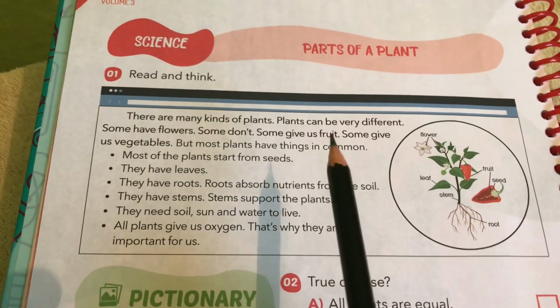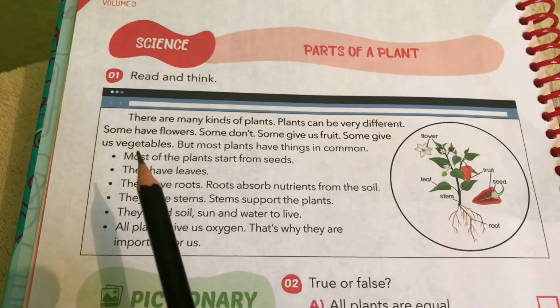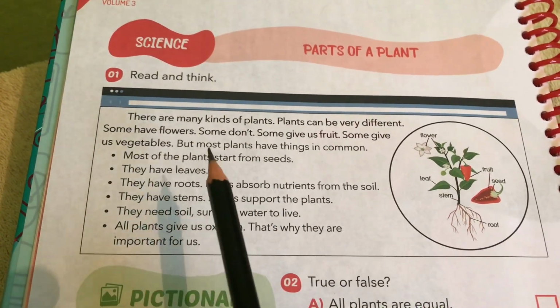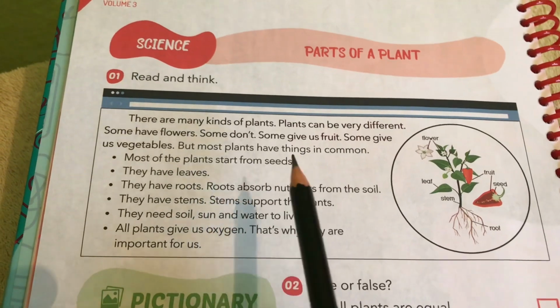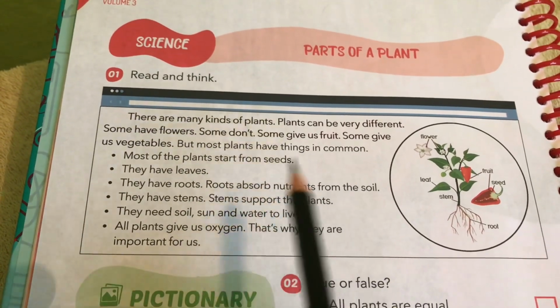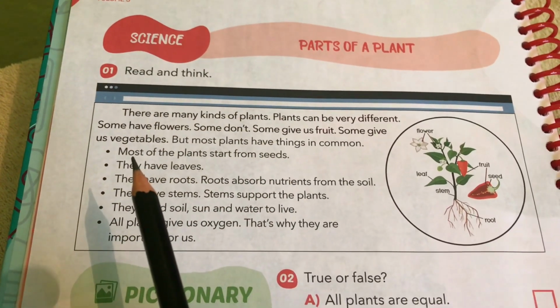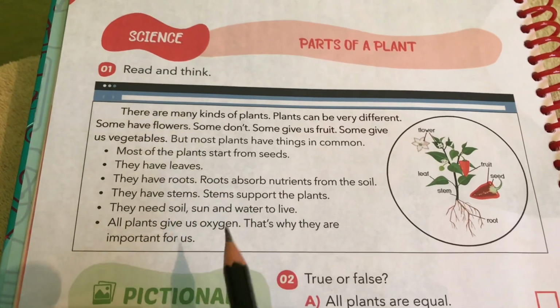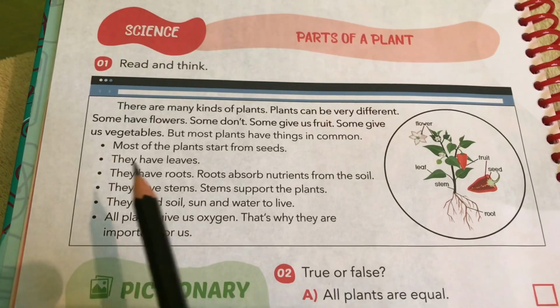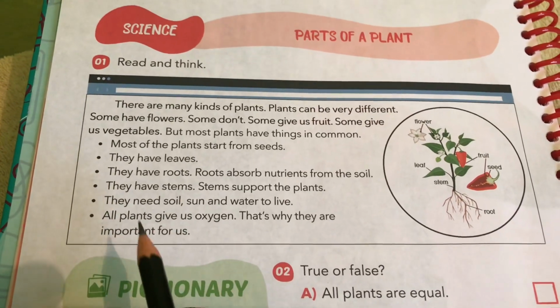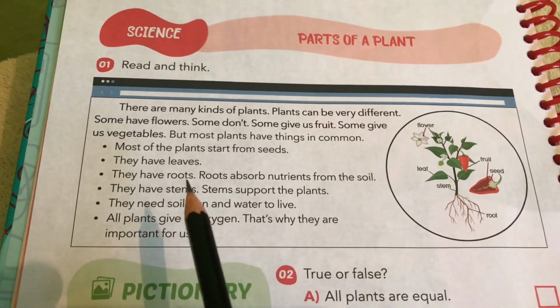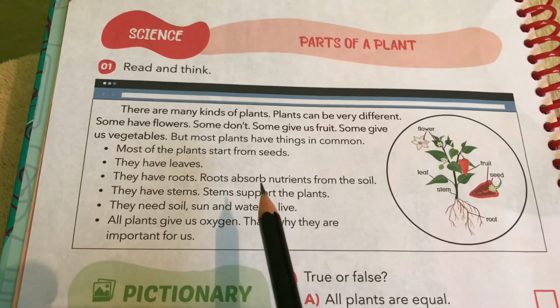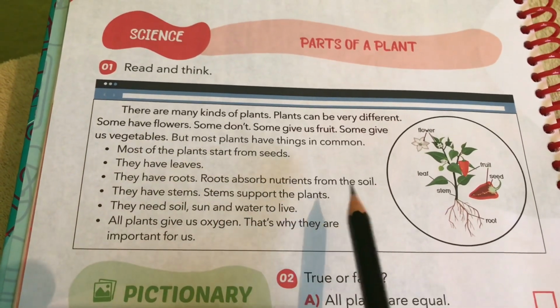Some give us fruit, some give us vegetables, but most plants have things in common. Let's see. Most plants start from seeds. They have leaves. They have roots. Roots absorb nutrients from the soil.